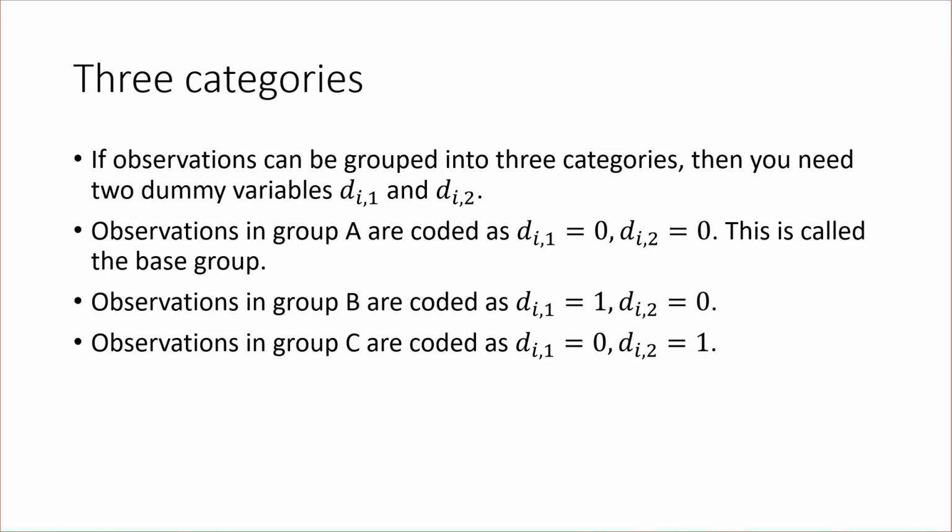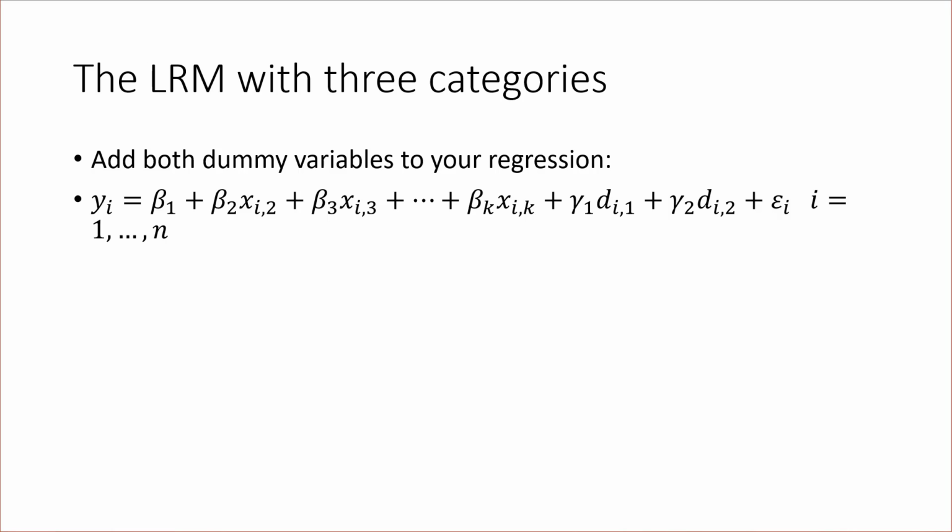So once I have created these two dummy variables, I can just add them to my regression model. So it will look like this. I have a bunch of ordinary continuous explanatory variables from 2 through k. I add my two dummy variables and I use the parameters gamma1 and gamma2 for these ones.